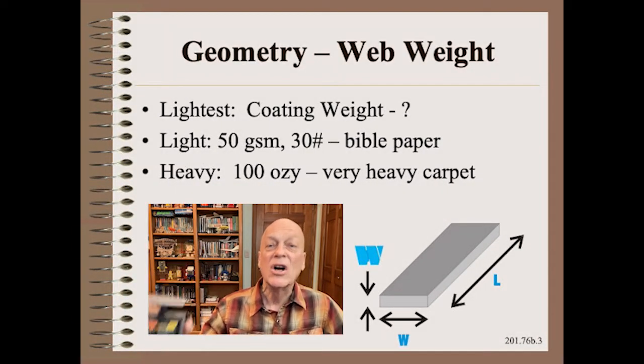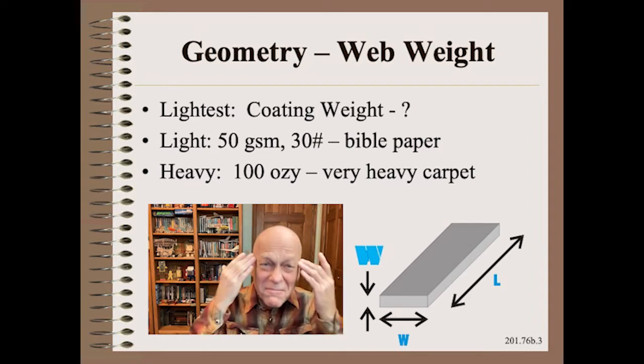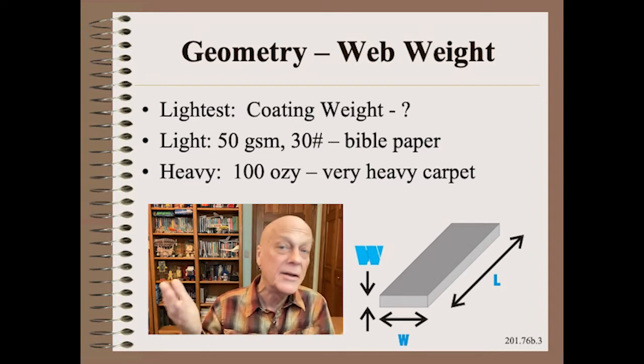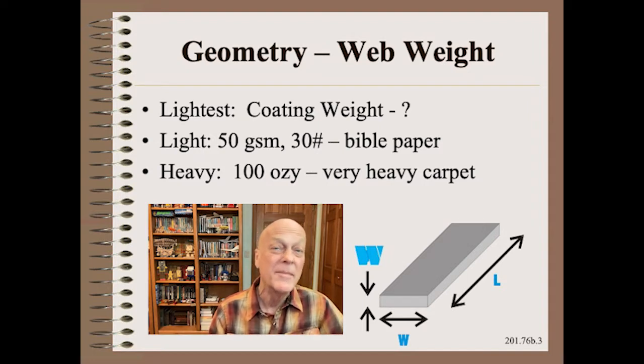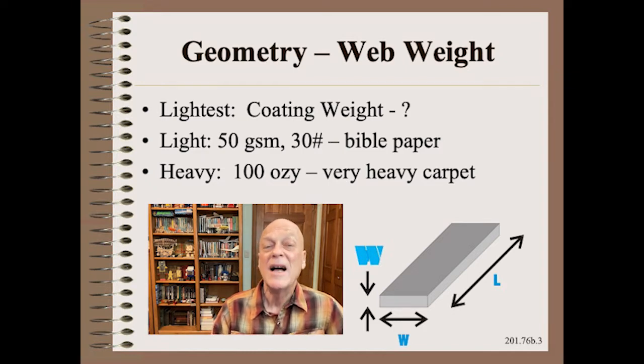Web weights are expressed in a variety of sometimes very confusing and odd units. For example, thin Bible paper can be as light as 50 GSM, which is an abbreviation for grams per square meter in the metric system. In the US system, that might be expressed as 30 pounds per ream, where the most common ream size is 3,000 square feet, although 1,100 and 3,300 are also in use.